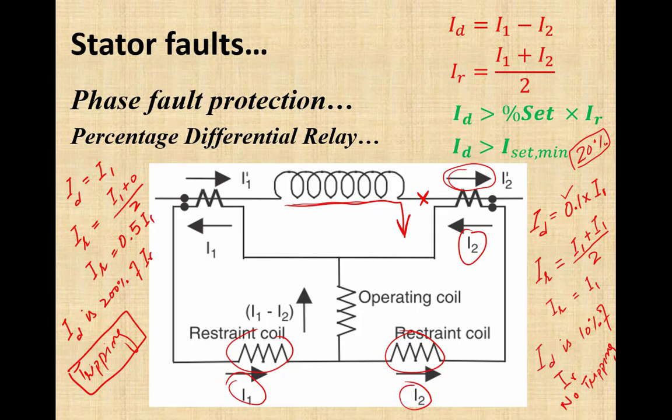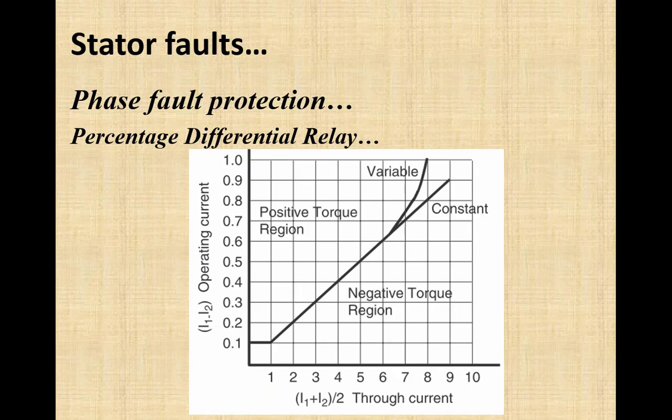Now if we draw the characteristics of differential relay, here we can see on the horizontal axis we have the retaining coil current. The other name to mention this retaining coil current is through current, and on the vertical axis we have differential current or operating current. We can see this straight line here.